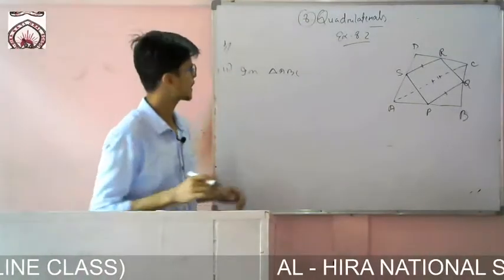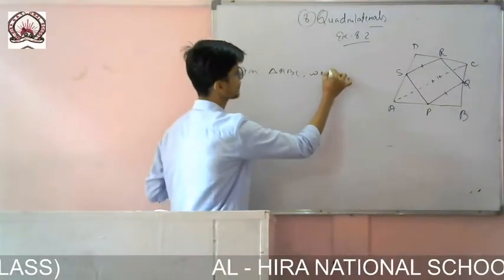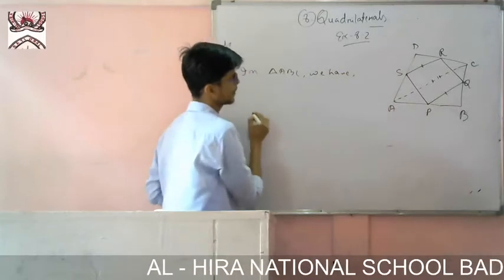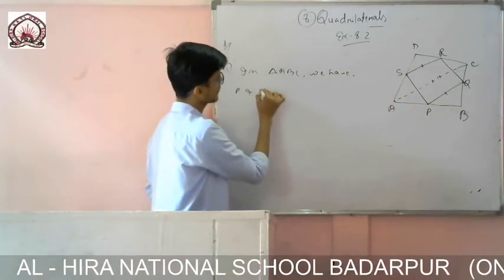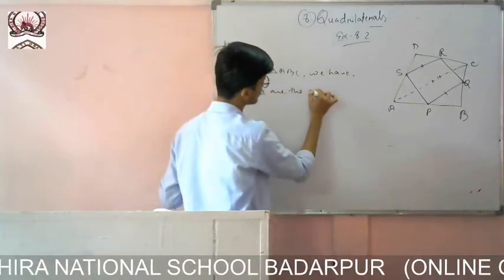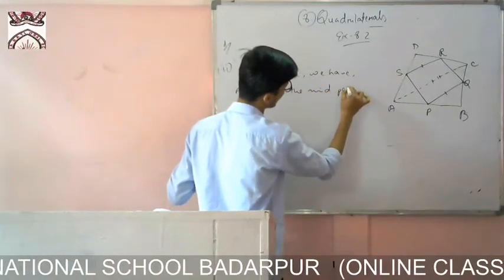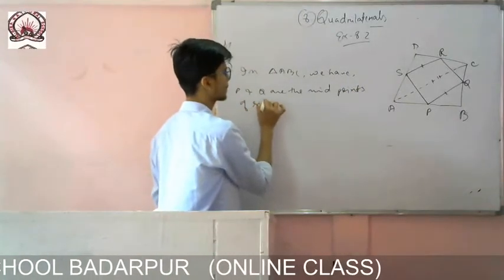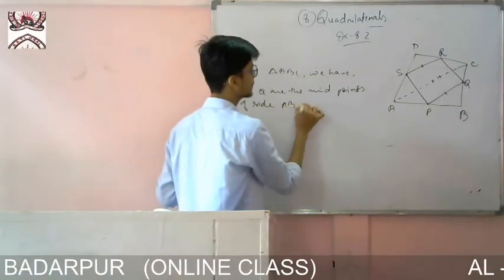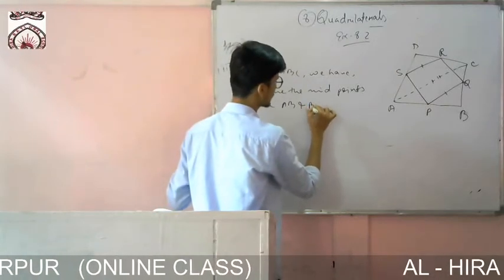So in the same way, in triangle ABC, P and Q are the midpoints of side AB and BC.